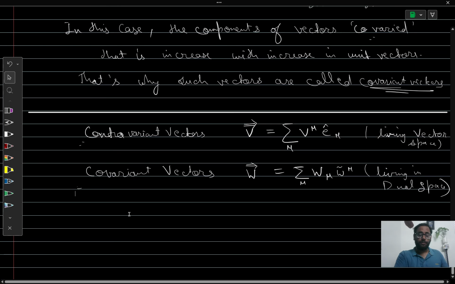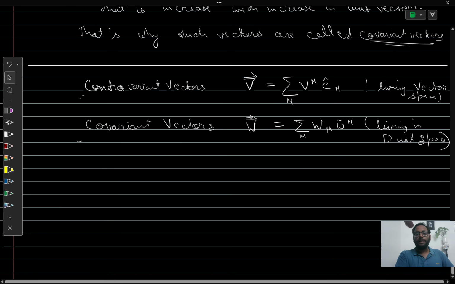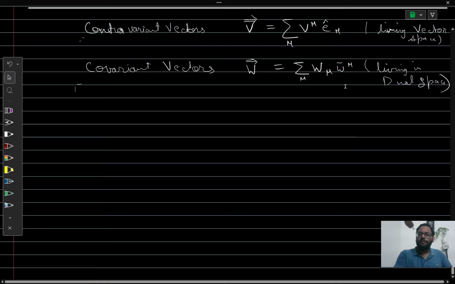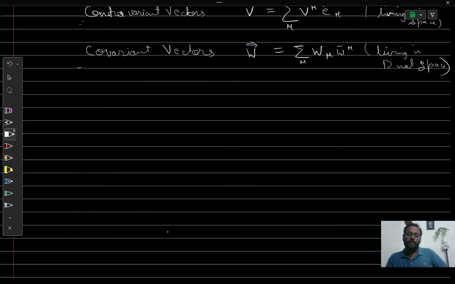That's why we have defined this notation: the components of contravariant vectors always have an index in the upper position, and the components of covariant vectors are in the lower position, or downstairs. And these are the unit vectors of covariant vectors, also known as the one-form basis.